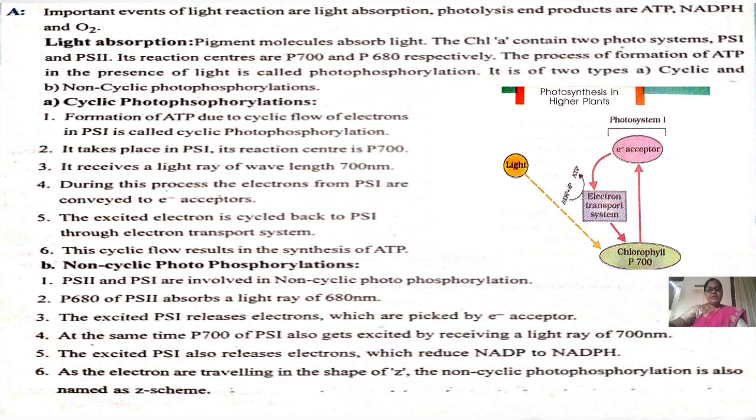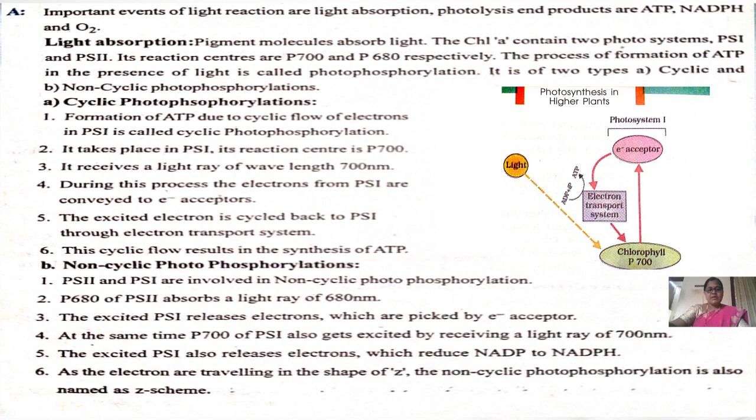During this process, the electrons from photosystem 1 are conveyed to the electron acceptors, as you can see in the diagram.